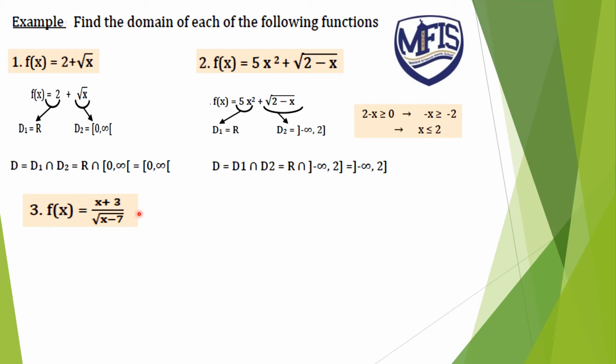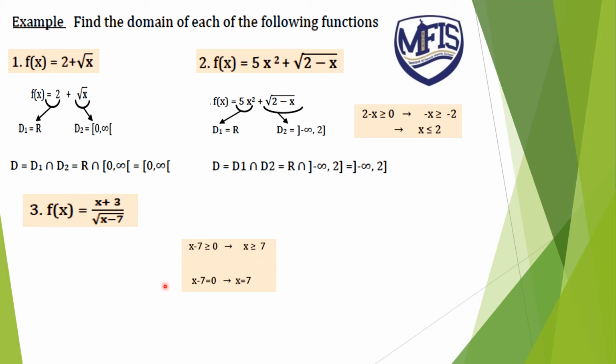Then we have two domains, and we get the domain of this function after that. The domain of x plus 3 is R because it is a polynomial function. For root x minus 7, we take x minus 7 greater than or equal to 0, then x greater than or equal to 7.